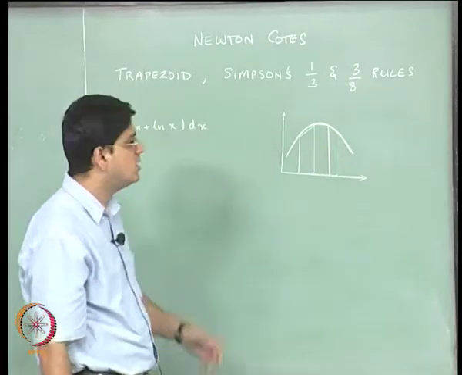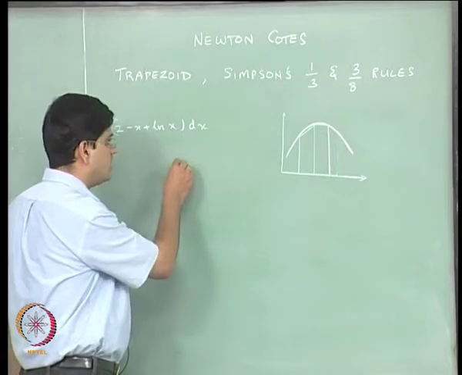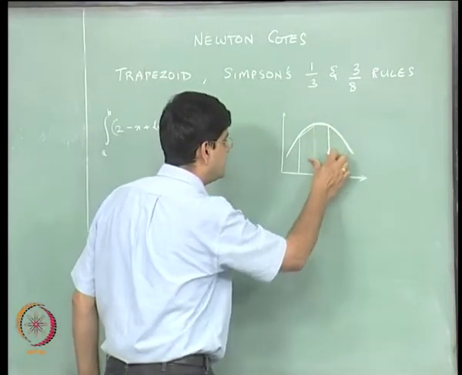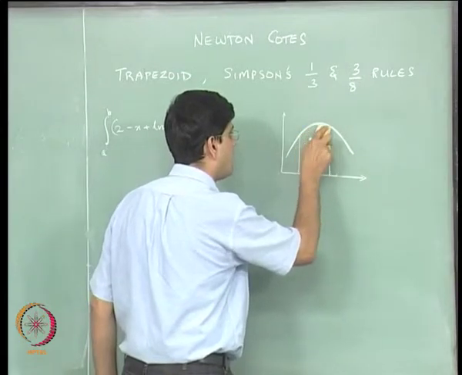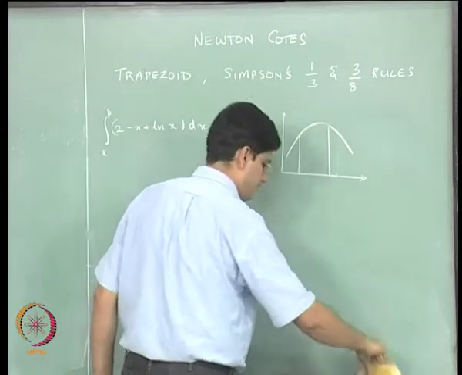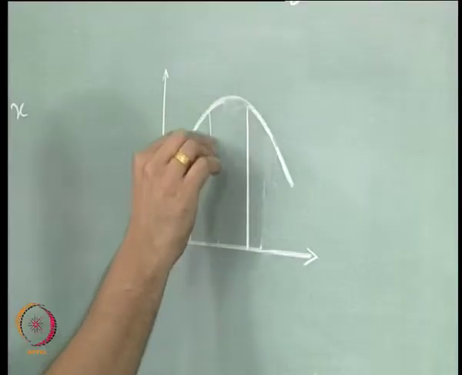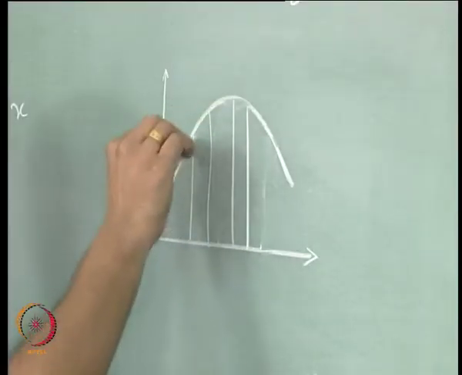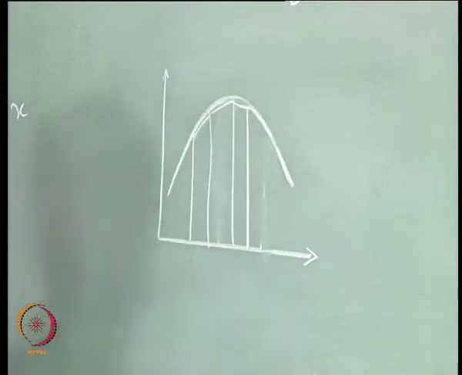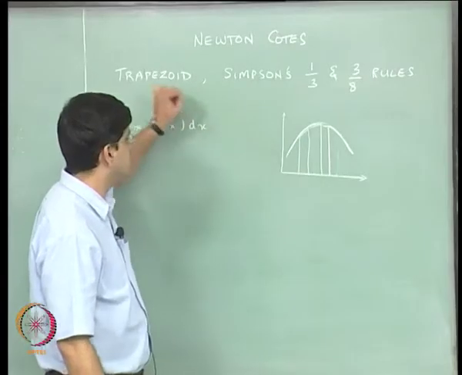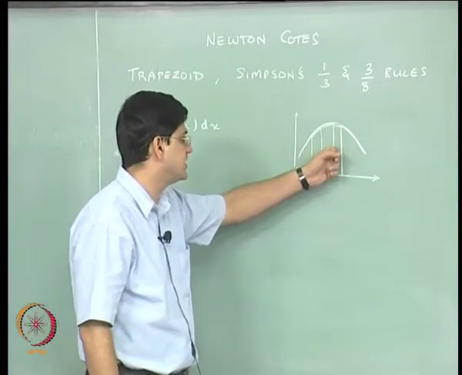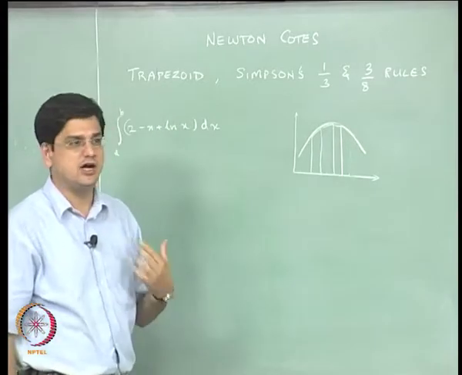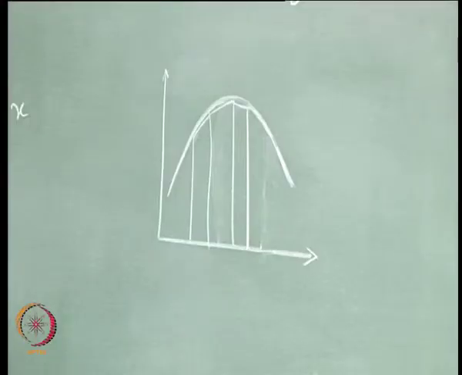Next, instead of two intervals we broke it down into three intervals, and found the numerical approximation of the integration applying the trapezoidal rule 3 times, h being 0.333.